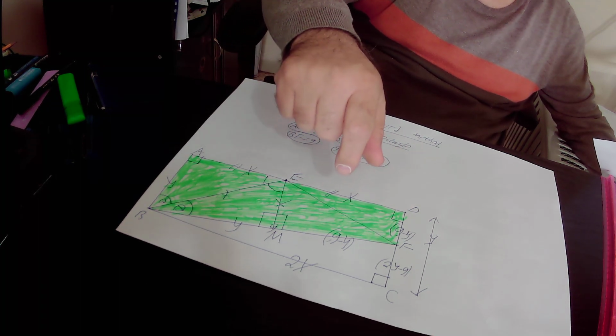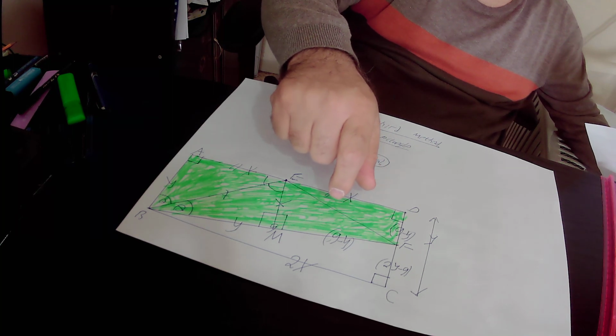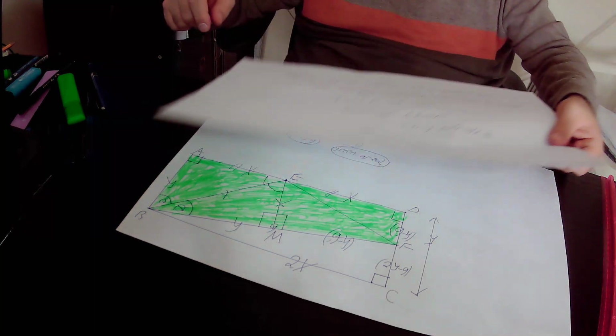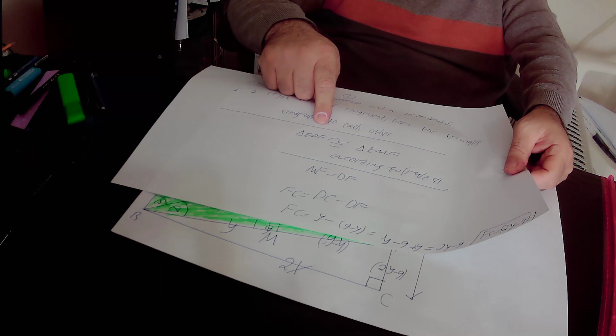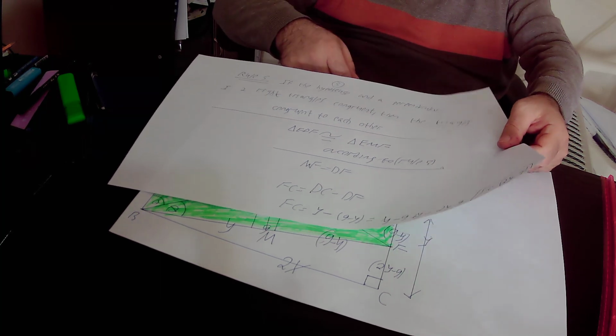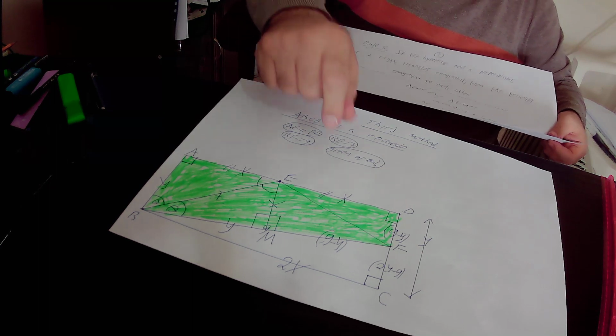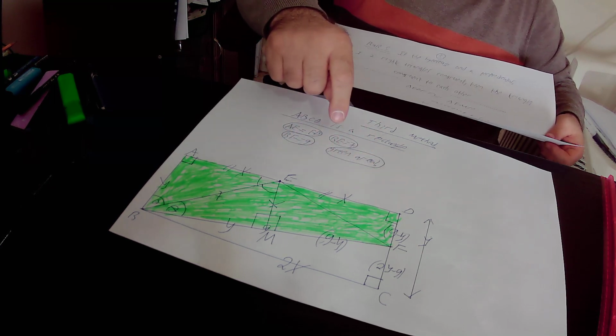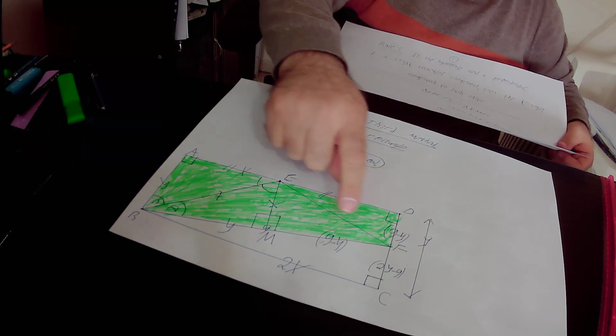Therefore, we proved that triangle EDF is congruent to triangle EMF according to rule number 5. From the fact that those two triangles can go into each other, we conclude that MF equals DF.